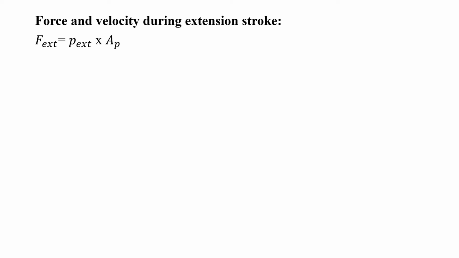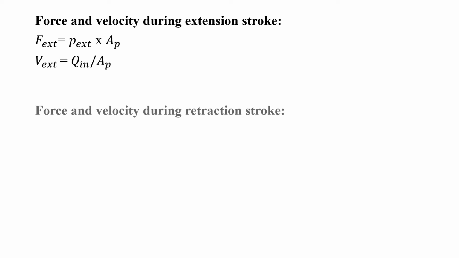And for velocity, velocity during extension equals Q in divided by area of piston. Q in is fluid flow or discharge. These two equations belong to force and velocity during extension stroke.